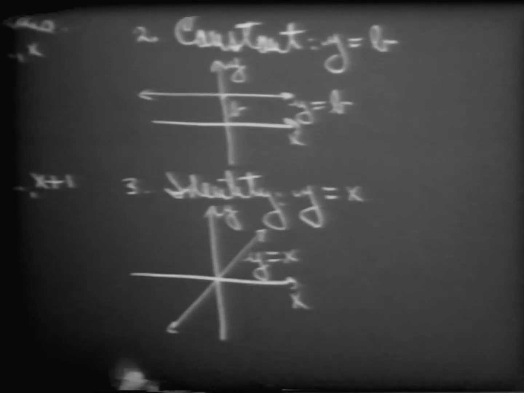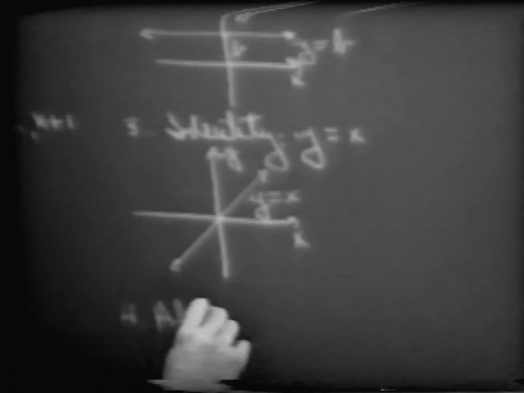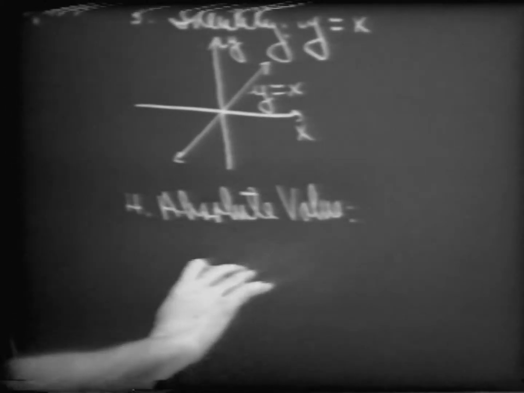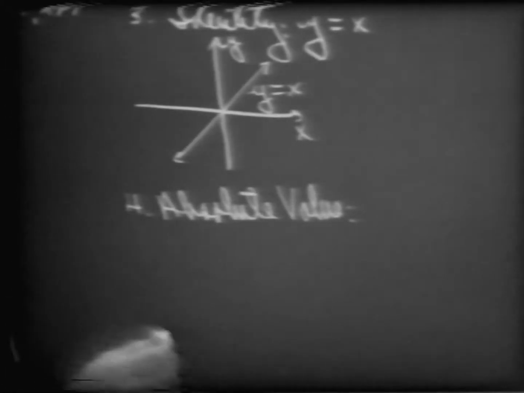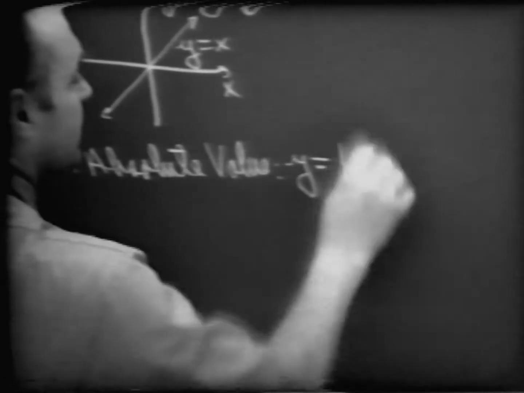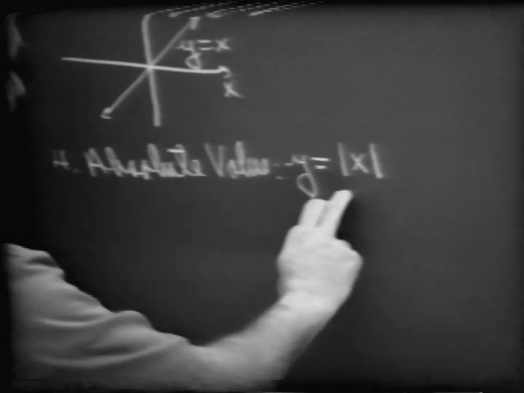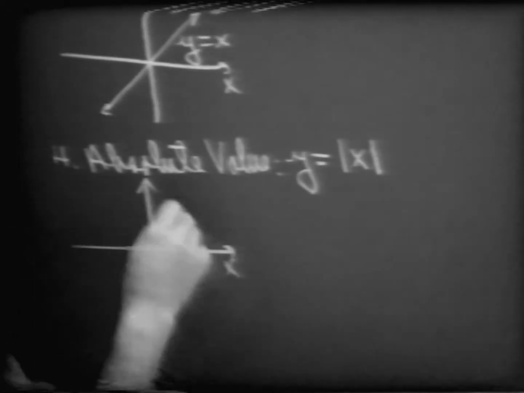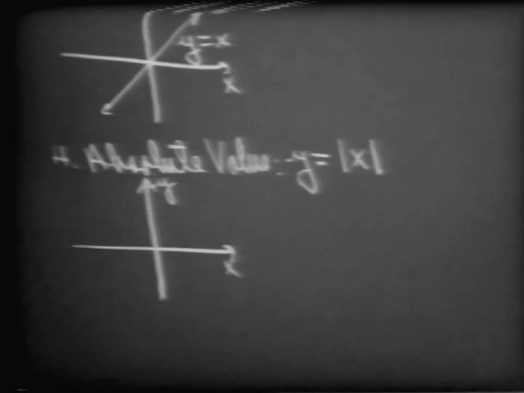And then we looked at another type of function, which was not linear, which we call the absolute value function. And what was the formula for the absolute value function, Sally? Y equals the absolute value of x, in which we use these two parallel bars to indicate the absolute value function. And does anyone remember what its graph looks like, Barb?